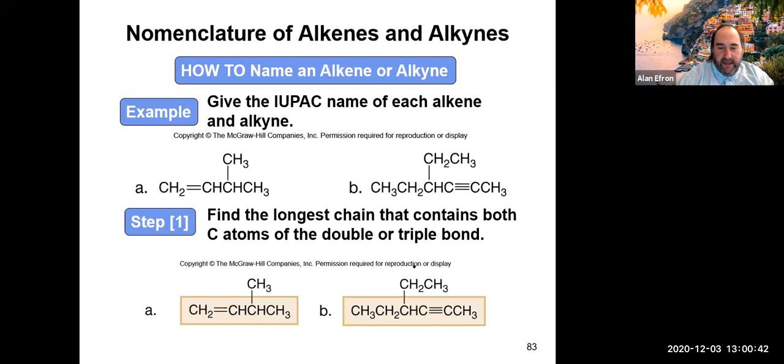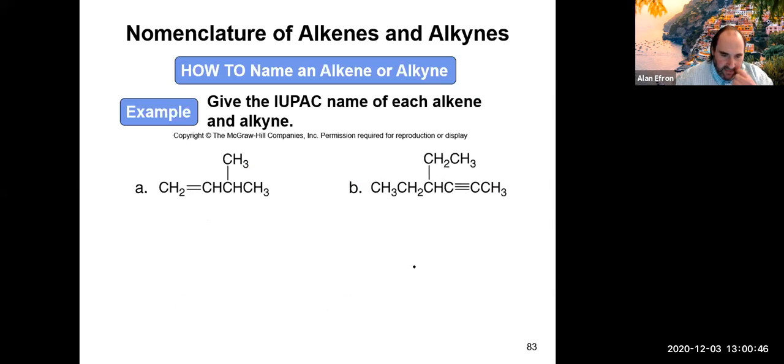So if we look at these couple guys here, if we look for our longest carbon chain that contains the double bond, 1, 2, 3, 4 going straight across, 1, 2, 3, 4 going straight up. So the longest carbon chain with our double bond is here. That is 4 carbons, has a double bond, so it goes from butane to butene.